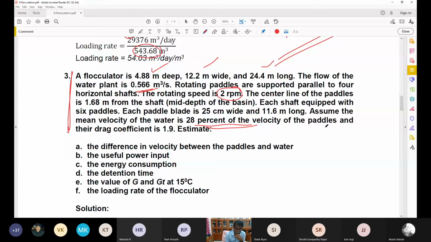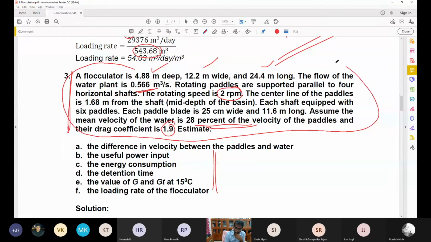You have to estimate these parameters. Inside the tank, we discussed the horizontal flow paddle flocculator and the vertical flow paddle flocculator, and we have also seen the diagrams in the last class. So just refer to them and you will be able to understand the problem statement. You have a mid shaft and width. I cannot draw this, but you can imagine it perpendicular to the screen, and these are the boards.